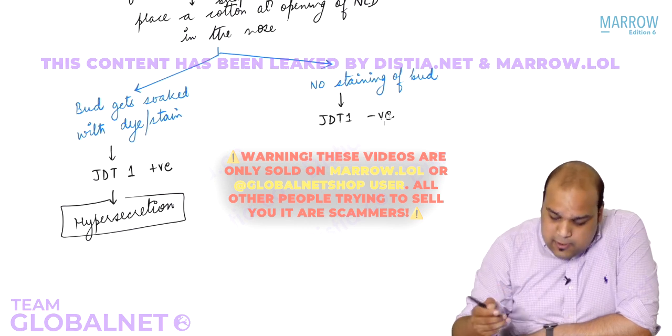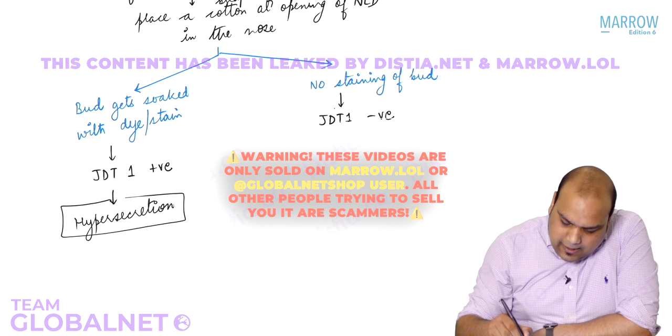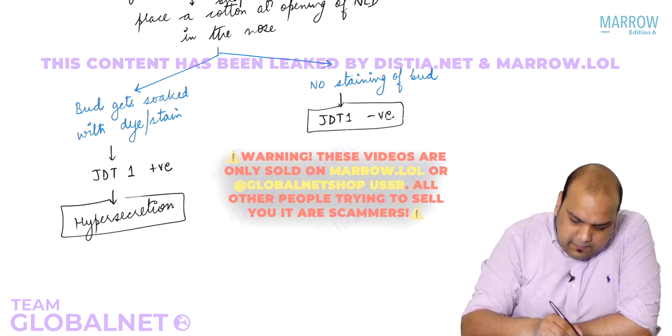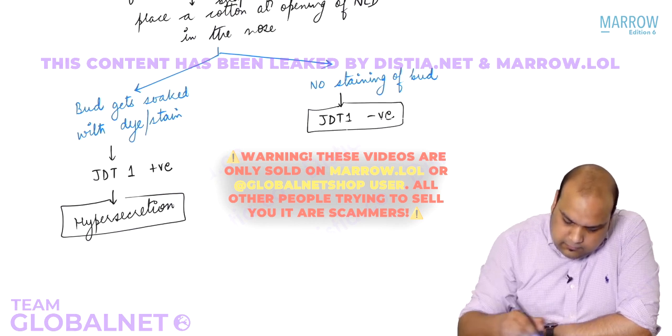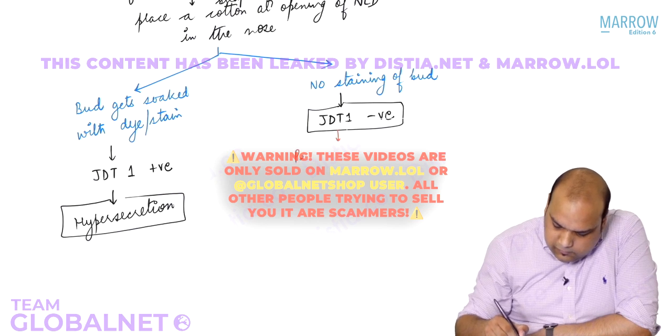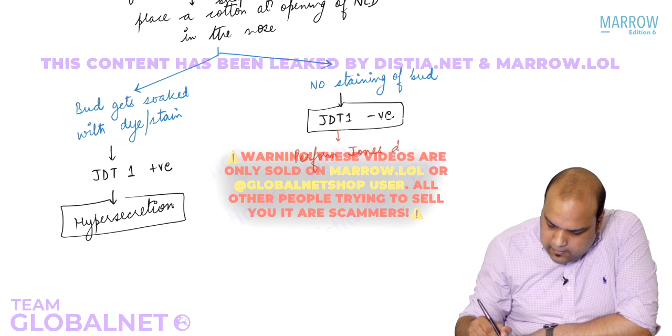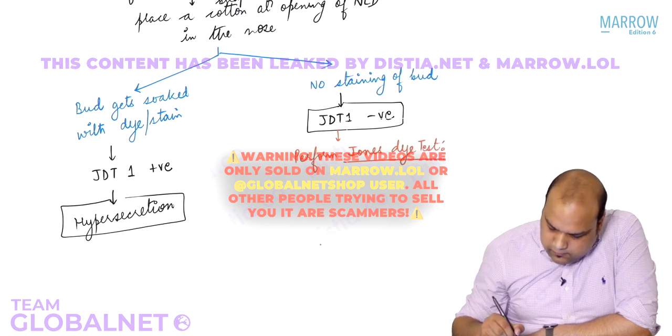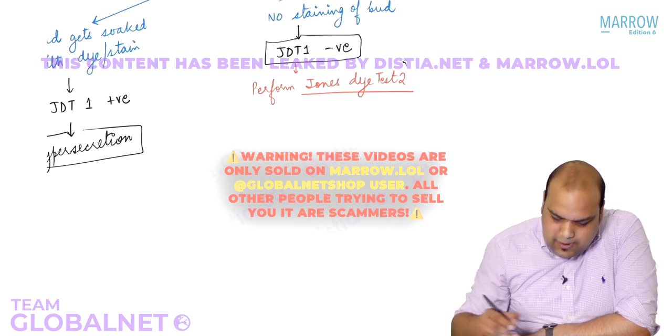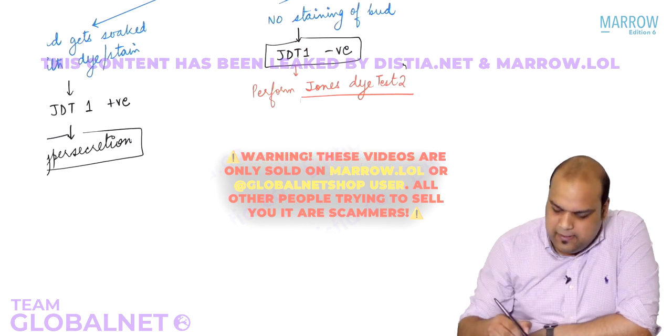Okay, everybody? So if Jones dye test 1 is negative, then we perform Jones dye test number 2. What is Jones dye test number 2, everybody?